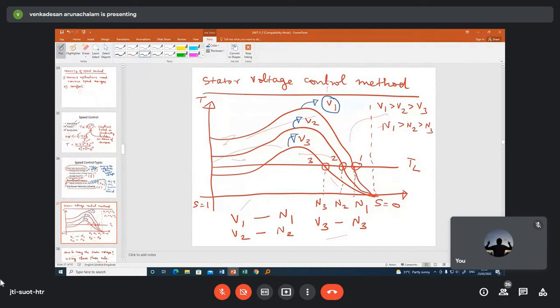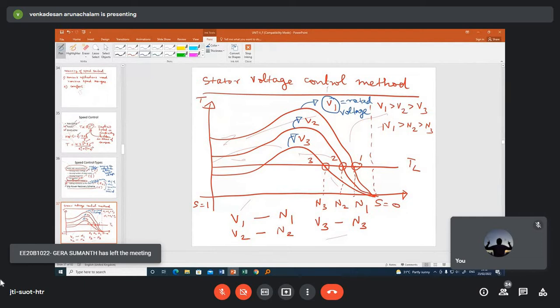Here V1 is taken as the rated voltage, V2 is lesser than the rated voltage, and V3 is further lesser than V2. So V1 is greater than V2, which is greater than V3.